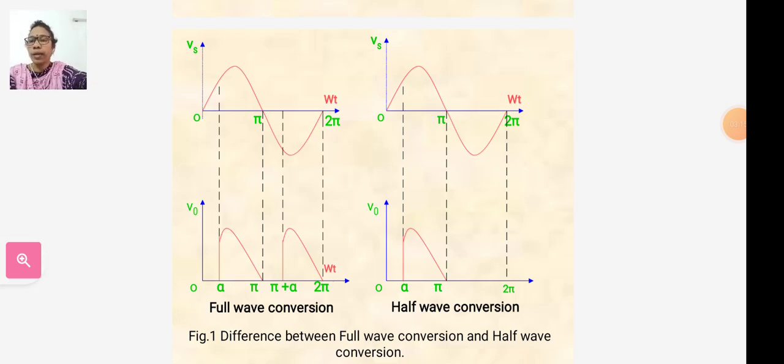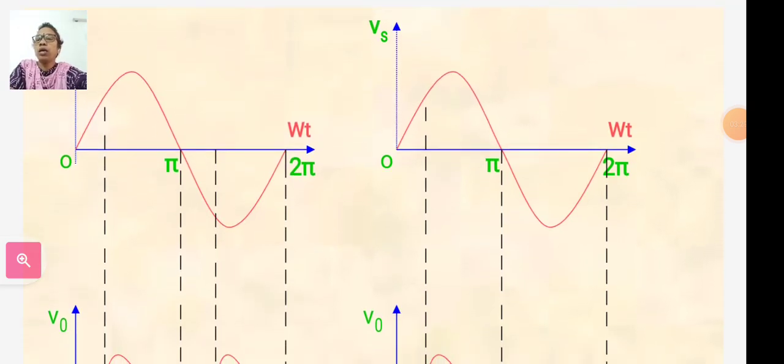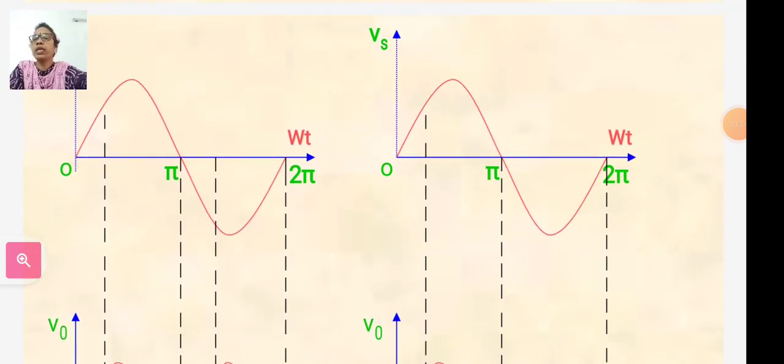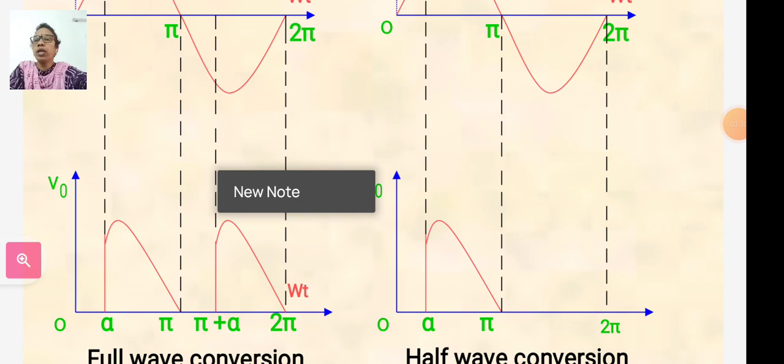This is the first diagram. Here, full wave means the sine wave has a positive half cycle and a negative half cycle. In the full wave controlled converter, the pulses will be in the positive direction, because converters convert AC to DC supply.